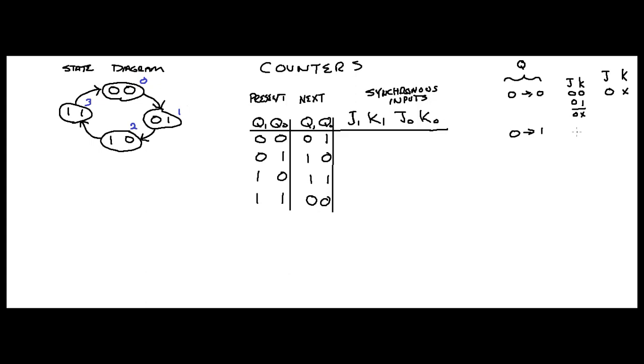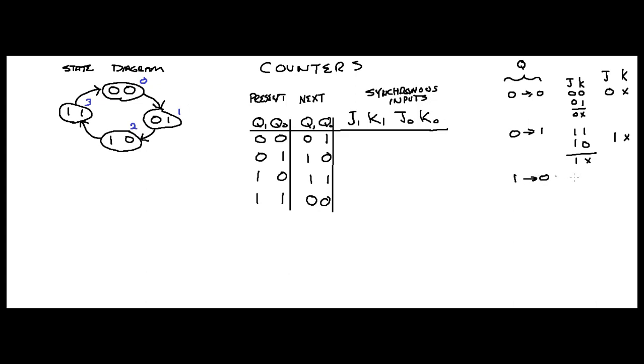You can toggle it. Remember what toggle is? It's a 1, 1, right? Or you can set it. A set is a 0, 1, right? Which means J would have to be a 1, and K could be either a 1 or a 0. It doesn't matter. So that would be 1x. Get it?